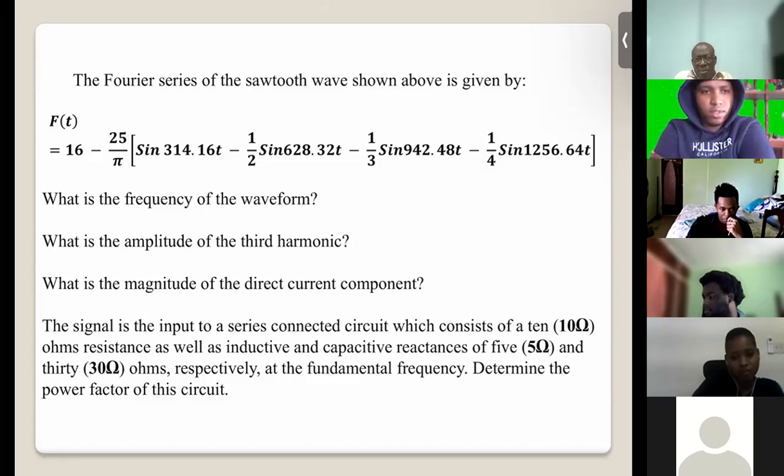Use the formula with EM. No, you don't need EM. EM is not in this. So let's look at what you have. You deal with the formula, the expression in front of you, the one on the screen. What is the amplitude of the third harmonic?